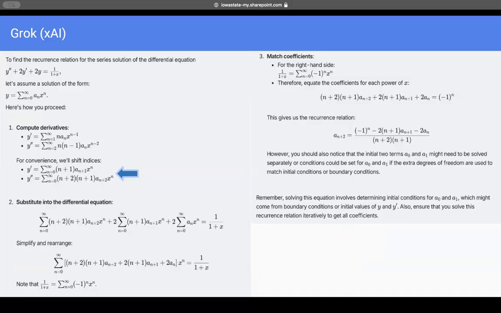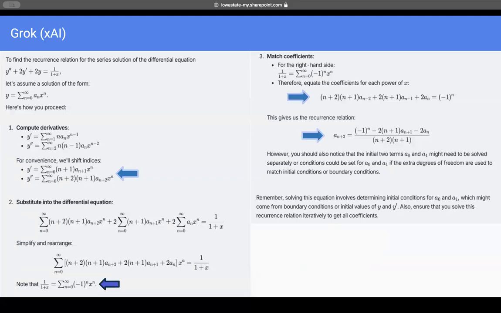It tells you why all of a sudden the sums are starting at zero. And then it also recognizes that that 1 over 1 plus x can be turned into a Taylor series, and it says this down at the note in the bottom. So that's pretty good.